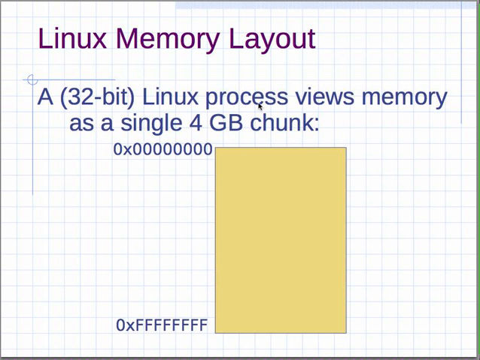Each program views memory as a single 4 GB chunk. You don't have all 4 GB, of course, because if two programs were running, they would each need 4 GB, which means 8 GB. And most systems have many programs running.